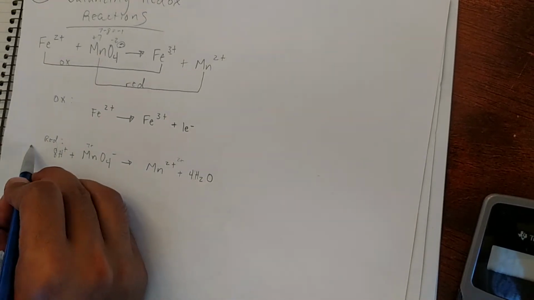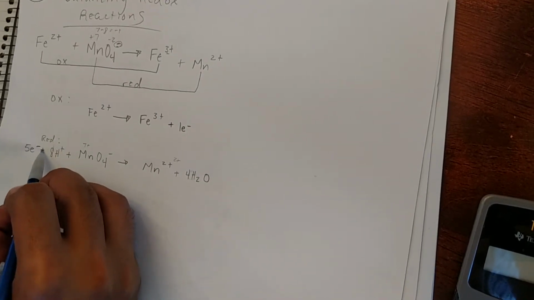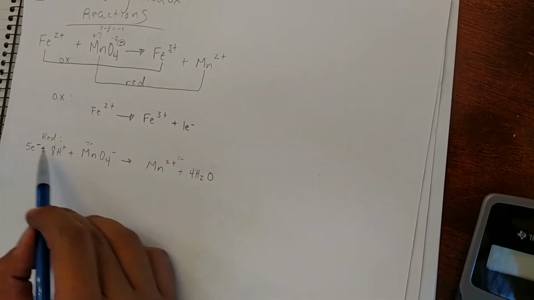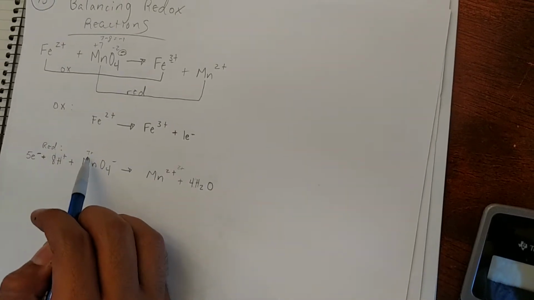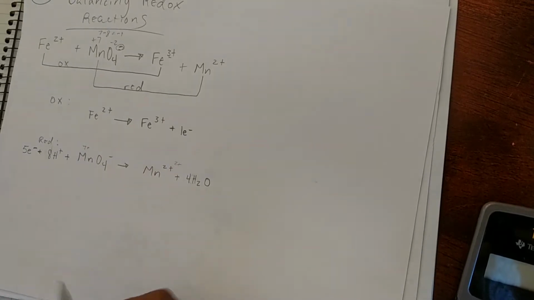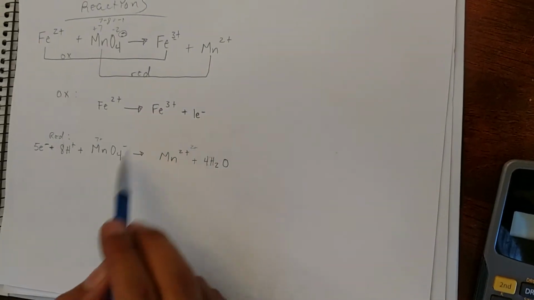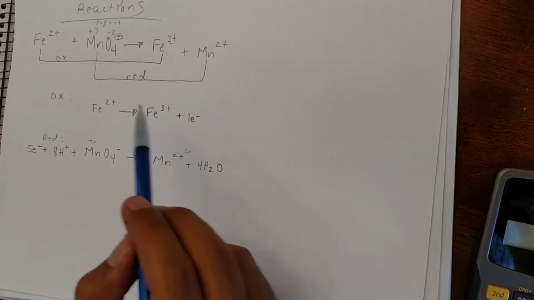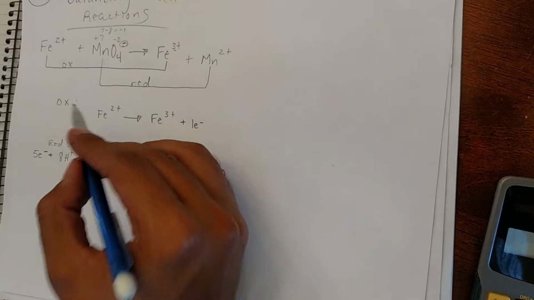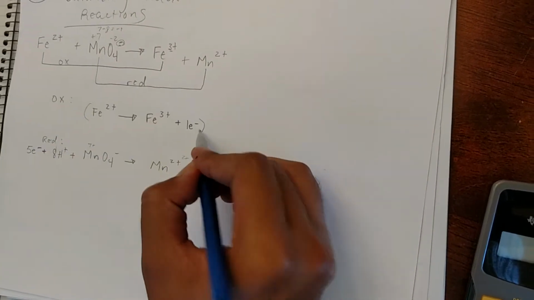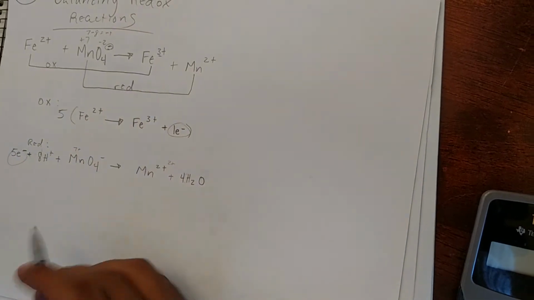So we add 5 electrons over on the reactant side, and that gives us a charge of 2+, because adding 5 electrons to 7+ gives you 2+. Now that we have both reactions balanced out, we have to multiply the oxidation one by 5 because we want to cancel out our electrons.